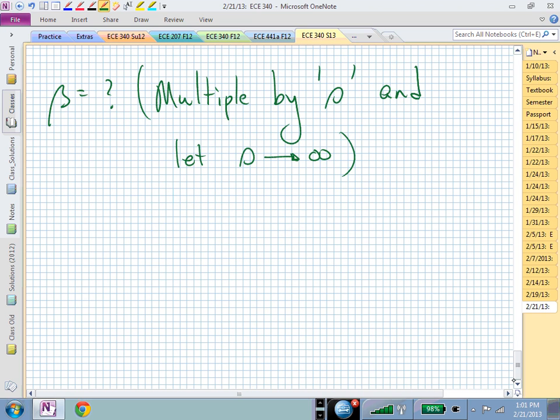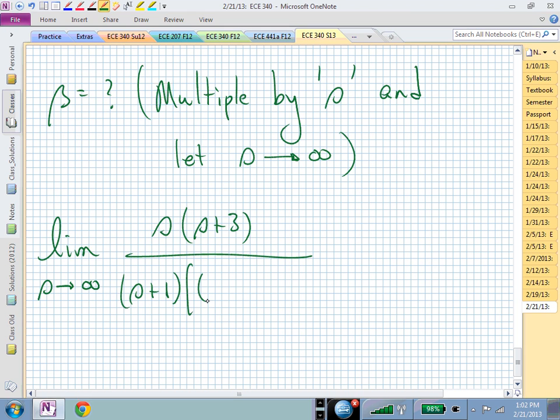So on the left-hand side, what I'm really doing is taking the limit as s goes to infinity of s times that left-hand side. That's my left-hand side. That's s times capital Q sub 2 of s.